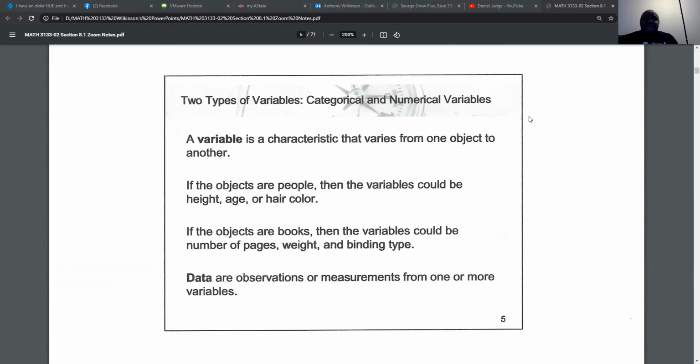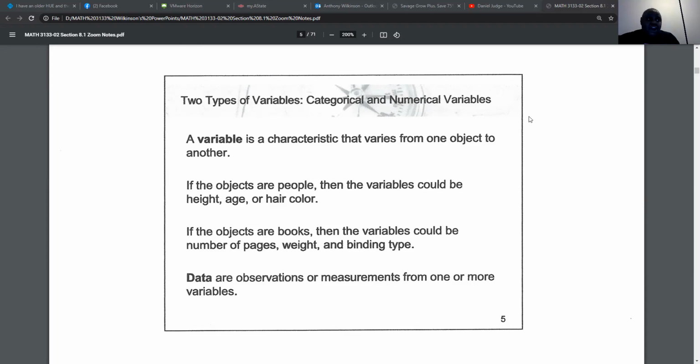All right, let's define a variable. It is a characteristic that varies from one object to another. You probably heard of this term when you took your algebra classes in previous semesters, where the variable is a letter used to represent an unknown. Here in statistics, it's going to be a characteristic that can vary from one object to another.